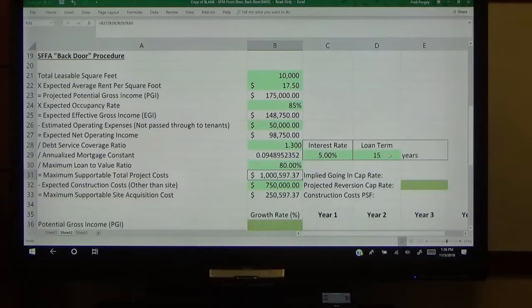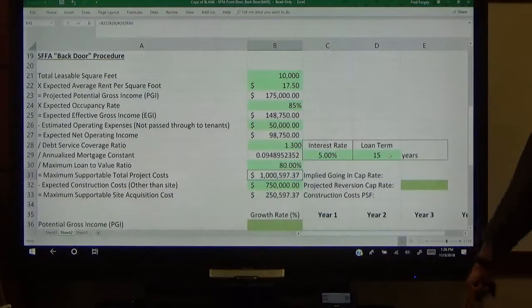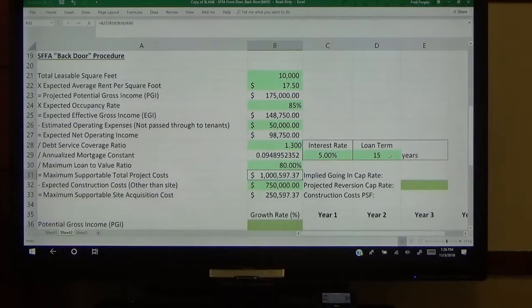We don't really need to show that; we can just continue on with that number. Then we divide it by the mortgage constant. Somebody read that number off to me. 0.09.